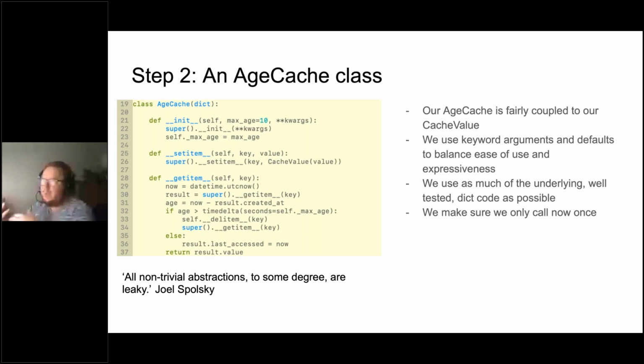So the other thing to notice here is that we're descending from dict, which is Python's built-in dictionary type. That's giving us a lot of code that is incredibly well tested that we don't need to write. And every single time we can, we're using those dict methods in order to make things work.